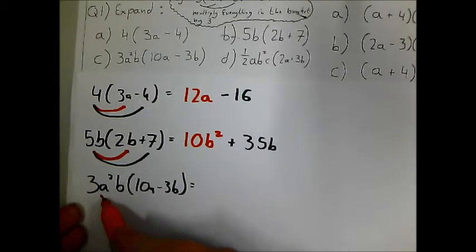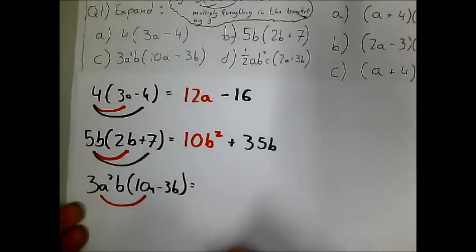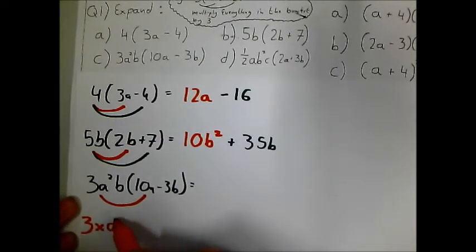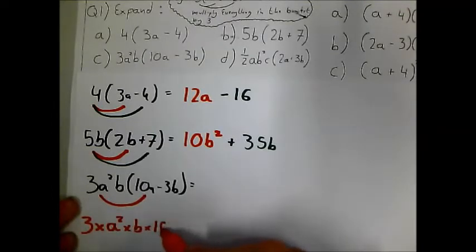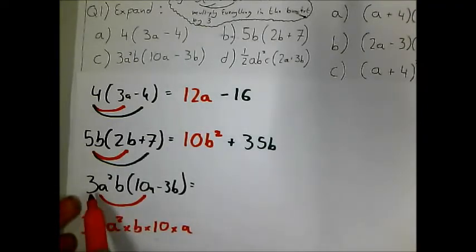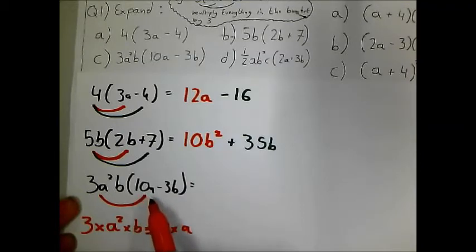So, for this one, I want to multiply 3 by a squared by b multiplied by 10 by a. Okay, normally I wouldn't get you to write this step, but I'm going through this one a little bit slower. Okay, because this bit here means 3 times a squared times b, and I'm multiplying that by 10 times a. I've written it like this.